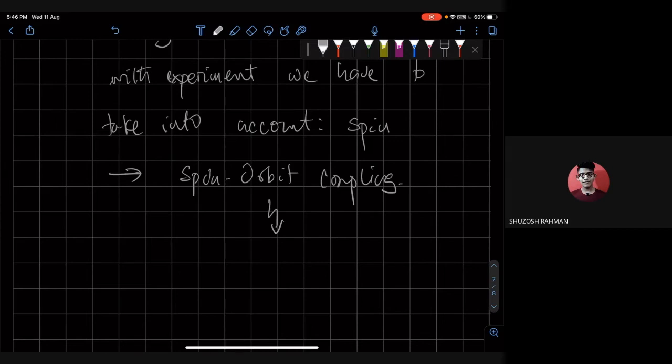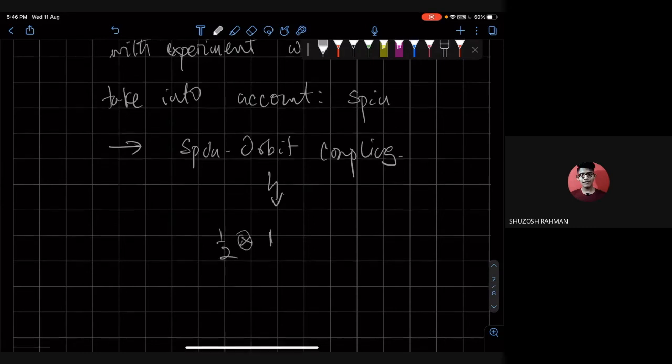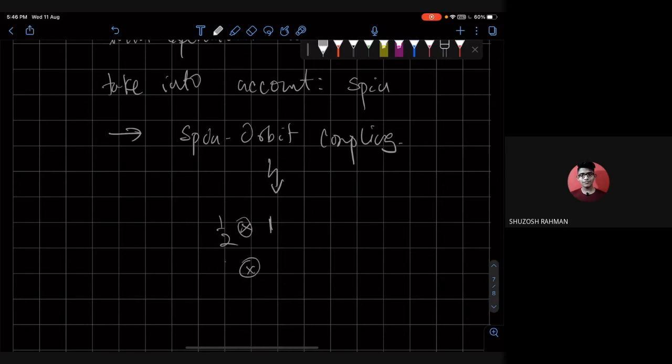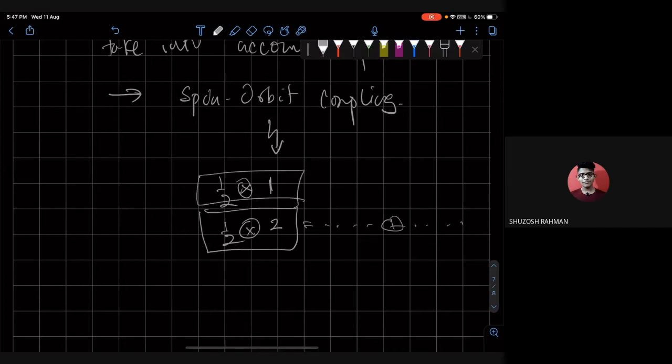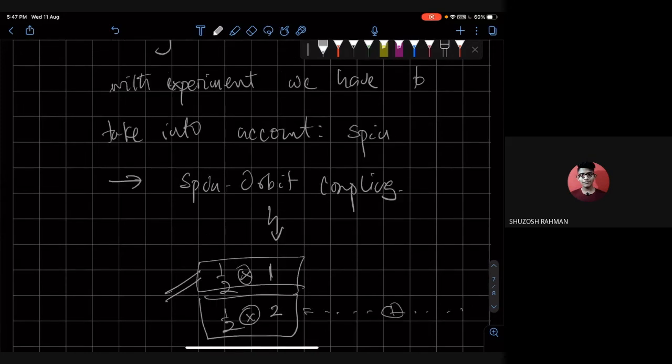So we have to consider a tensor product like this, or a tensor product like this. And then we have to do the Clebsch-Gordan stuff. This is exactly what we did earlier today, but we were doing half cross half. But you have in your assignment something like this. So that analysis becomes important here.